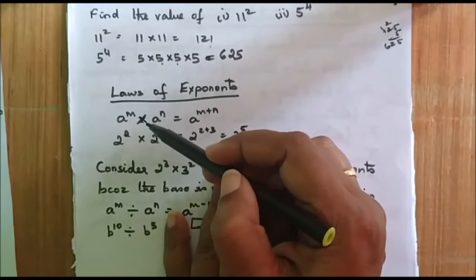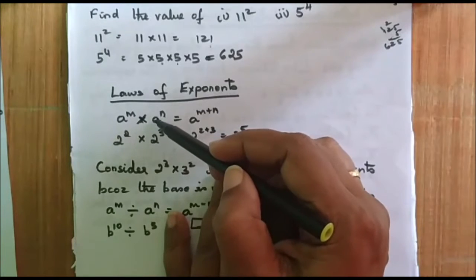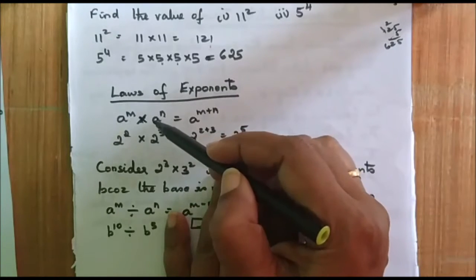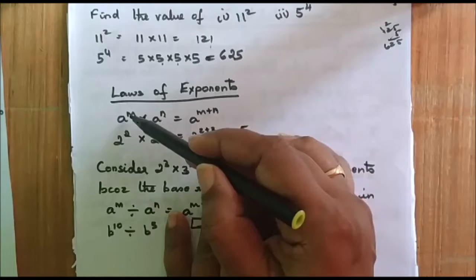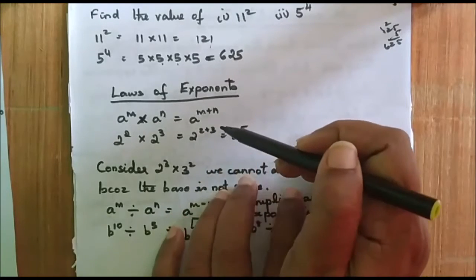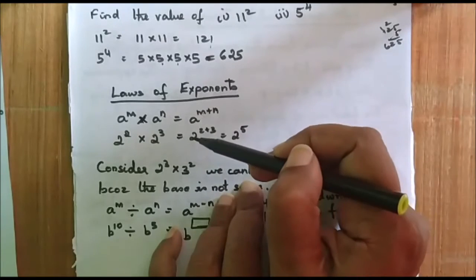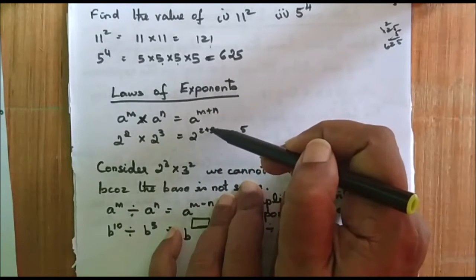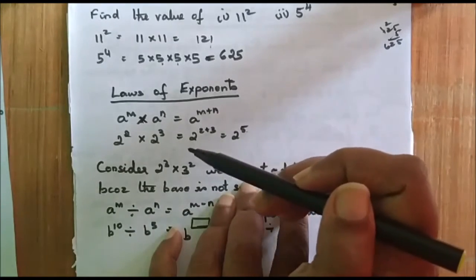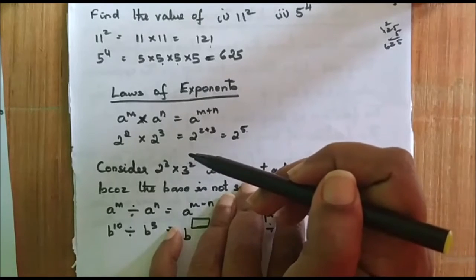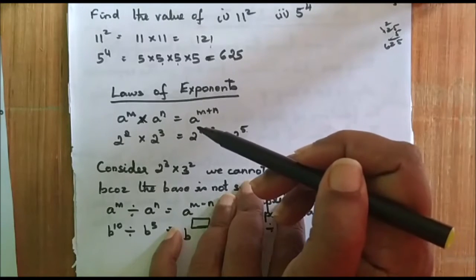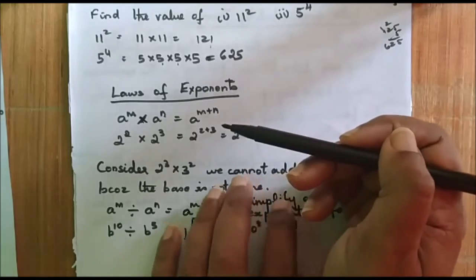So when the bases are the same and there is a multiplication sign, the powers will be added. So 2 to the power 2 into 2 to the power 3 is equal to 2 to the power 2 plus 3, which is equal to 2 to the power 5. I hope you understood. This is one of the important laws of exponents.